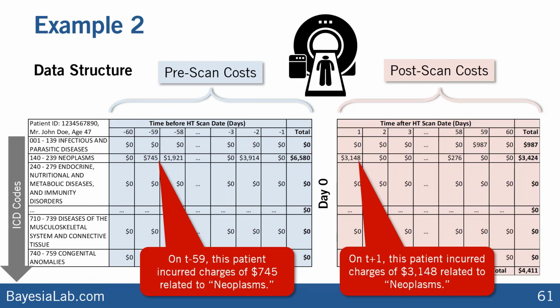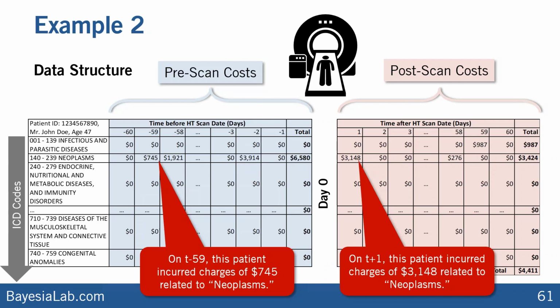So here is the data structure. Here is a fictional patient, Mr. John Doe, age 47. On the left side of the slide, you see this blue panel that shows all the costs that this patient incurred before the scan.